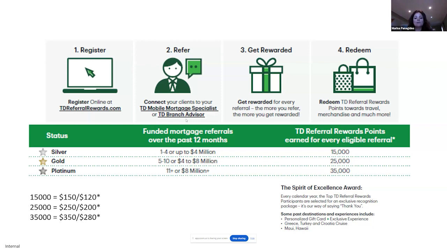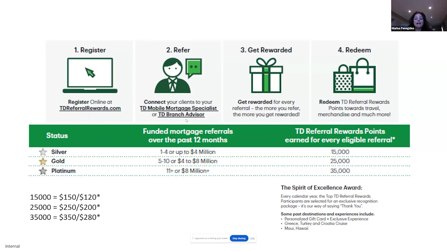Once you've passed 4 mortgage referrals or 4 million, you'd move into gold and then into platinum. Silver, for example, will give you 15,000 points for every referral. Once you move to gold, it's 25,000, and then platinum is 35,000 per referral. As an example, 15,000 points equates to $150 in travel, or $120 in gift cards.